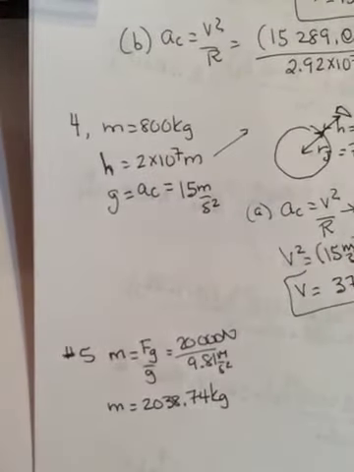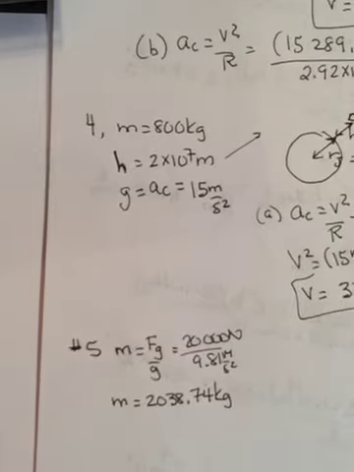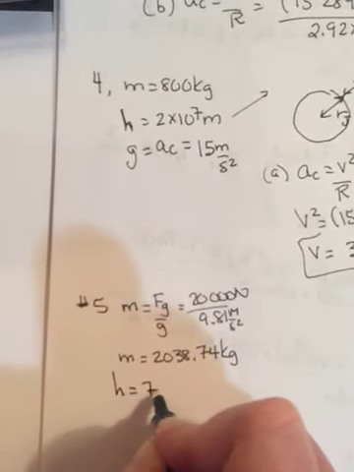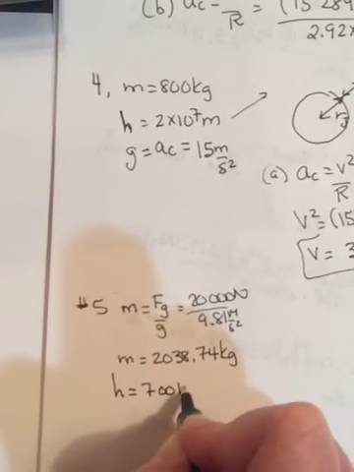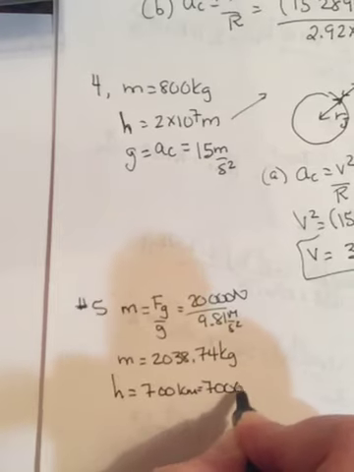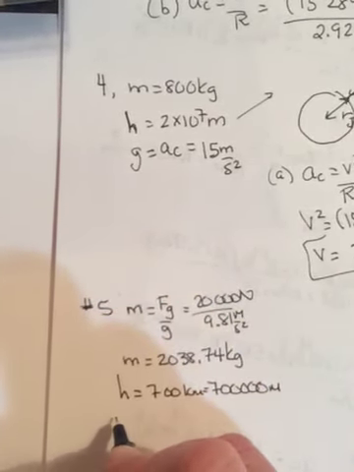Okay, it is put into circular orbit around Saturn with an altitude of 700 kilometers. So it's telling us the h is 700 kilometers, or 700,000 meters. And it says it's above Saturn.